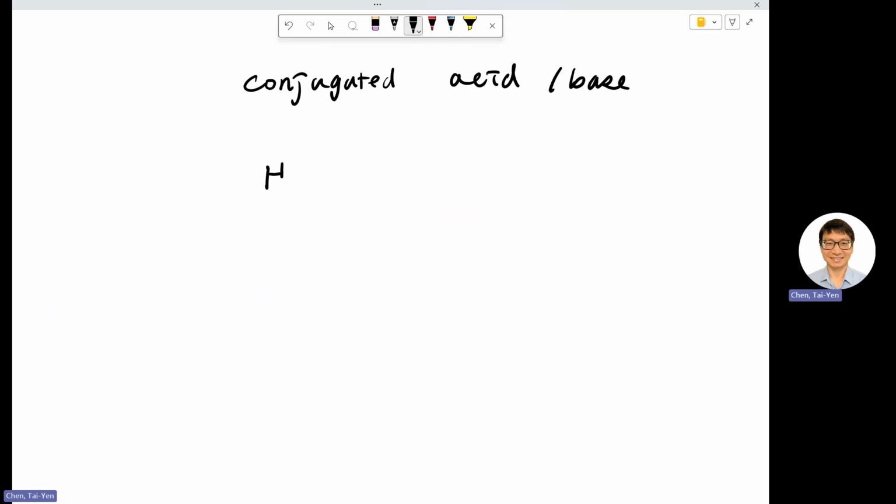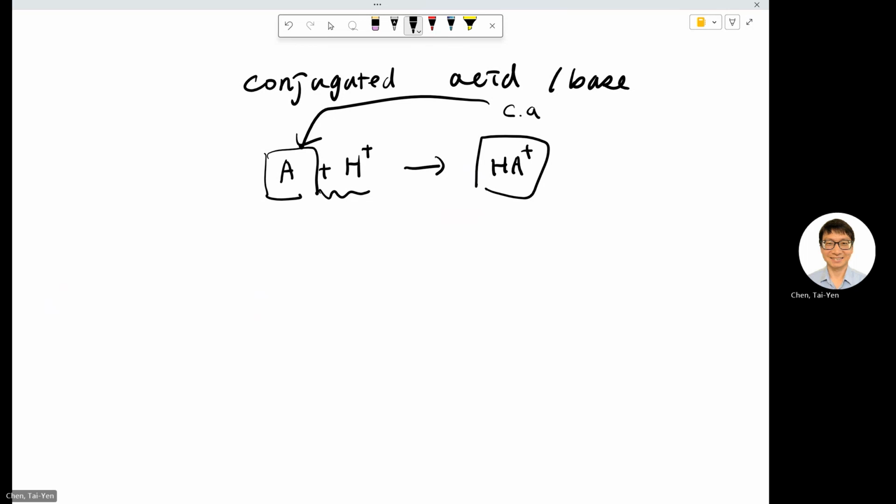Assuming today you have a species A, and you want to find the conjugate acid of A, what you do is add in an H plus, a proton. Once you add it, you have HA plus. In this case, we call HA plus the conjugate acid of A.